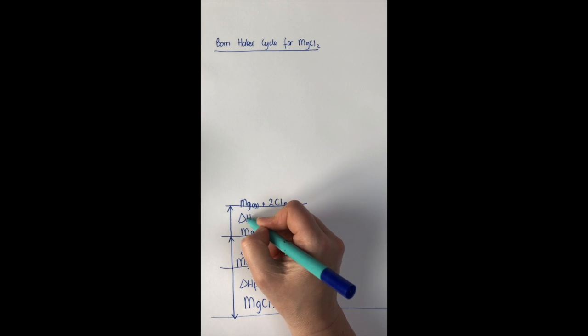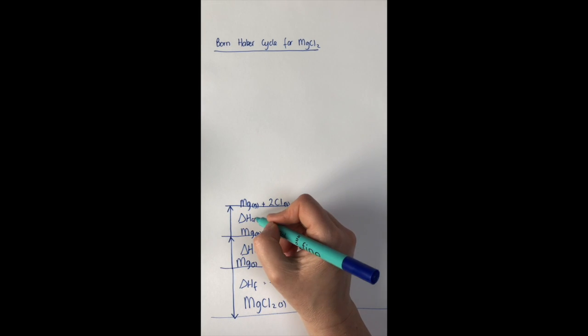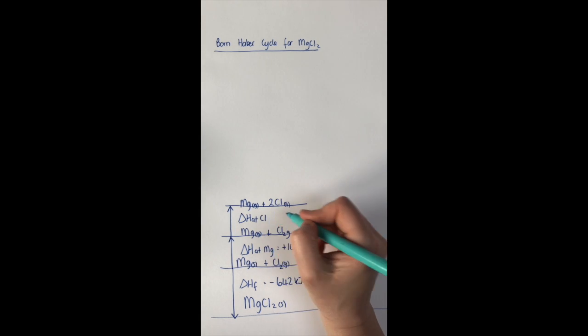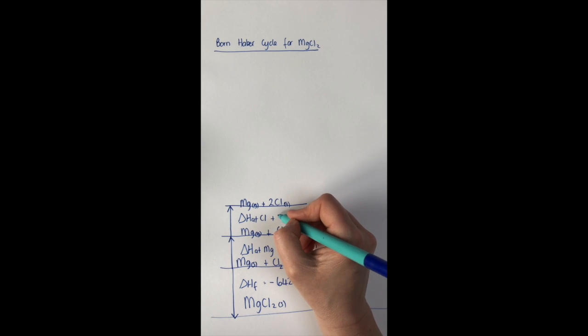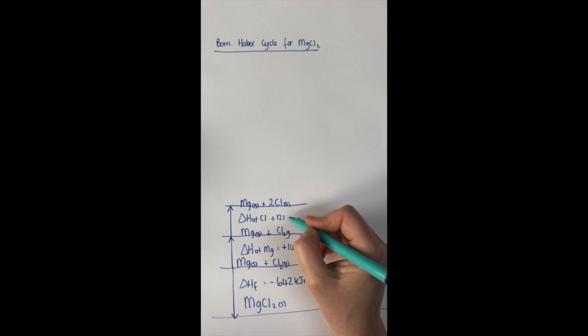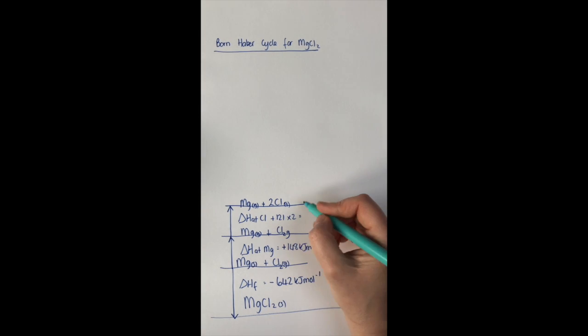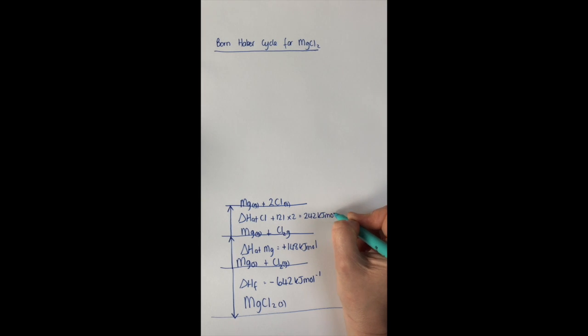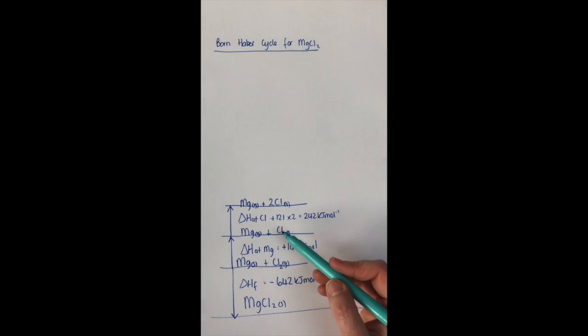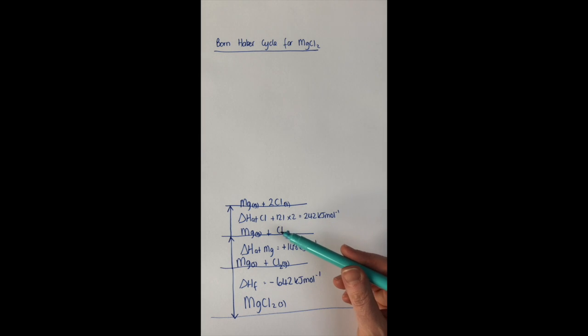Now the value for the delta H for atomization of chlorine is plus 121, but we've got to multiply that by 2, and that comes out as 242 kilojoules per mole. So that's an important step to make, because we need those 2 atoms there.